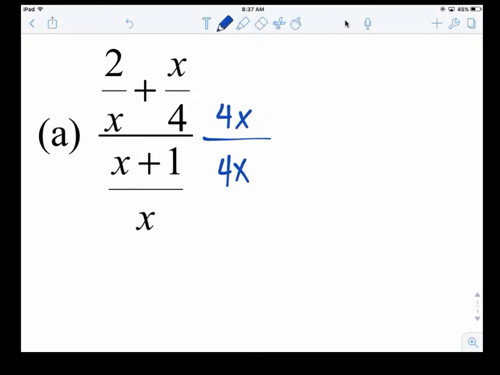Okay, so if I multiply 2/x times 4x, what do you get? You get 8, good. 2 times 4x is 8x, and 8x over x is just 8. It goes away. That's the idea of multiplying by the common denominator: it cancels out the denominator. And then if I multiply x/4 times 4x, what do you get?